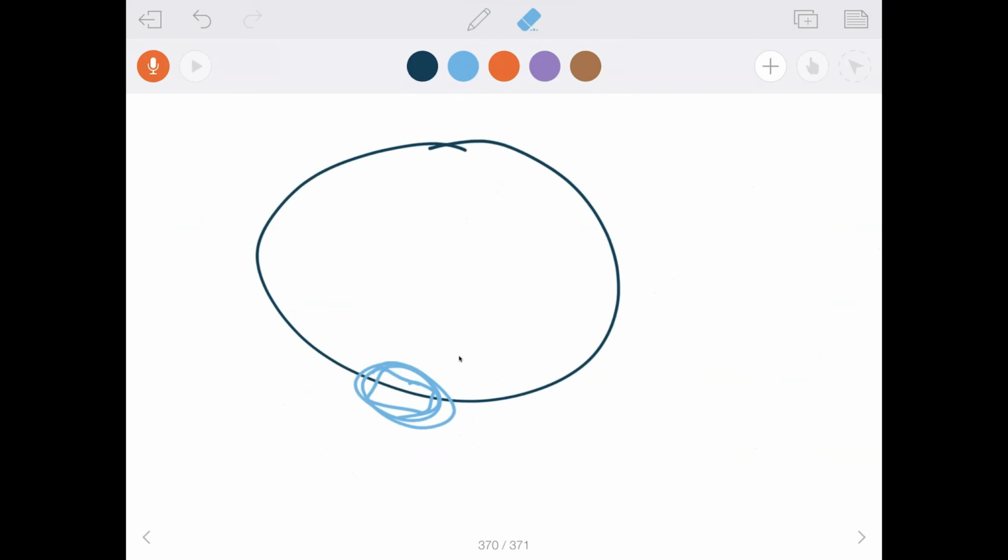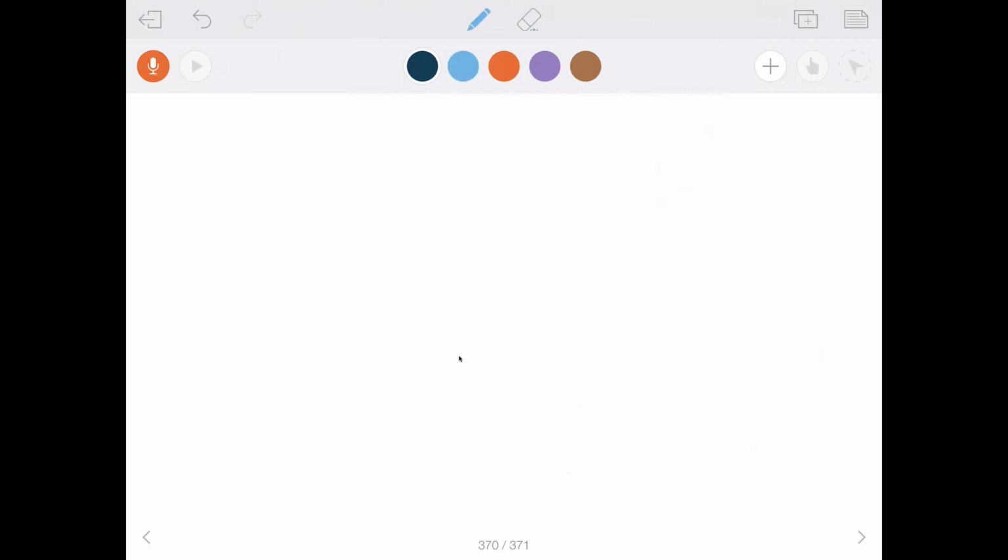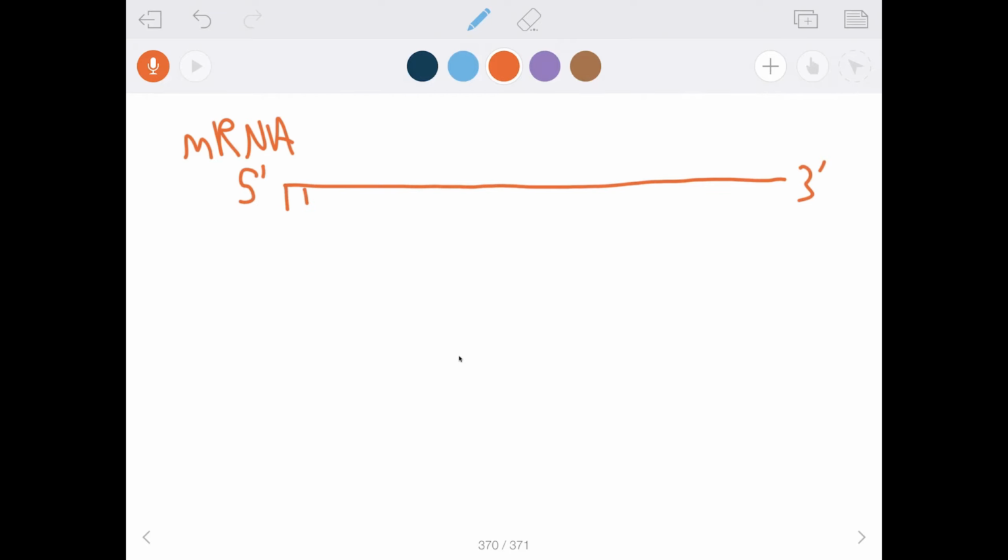And what you end up with is an mRNA strand that looks like this. Now the way I'm drawing this is a little different than what it looks like in real life.